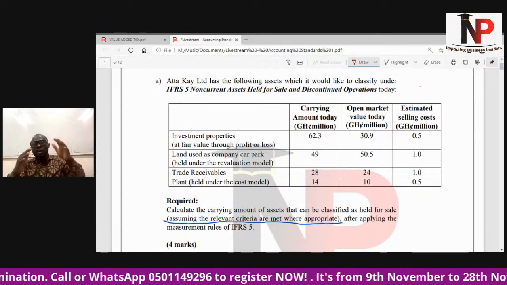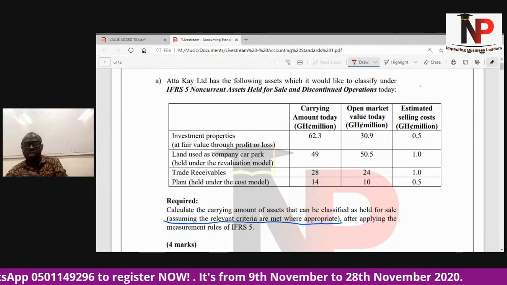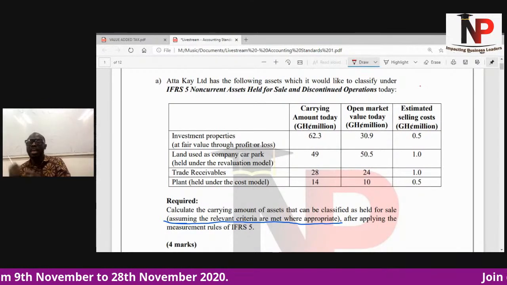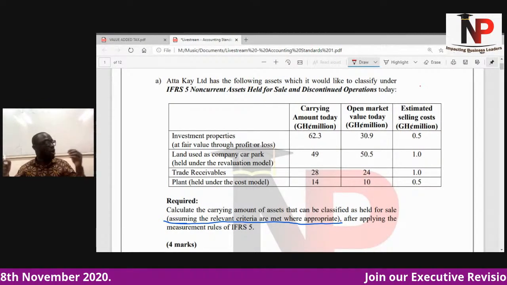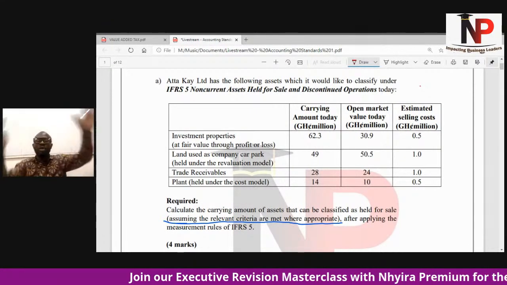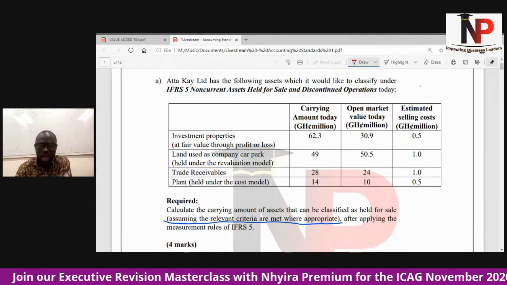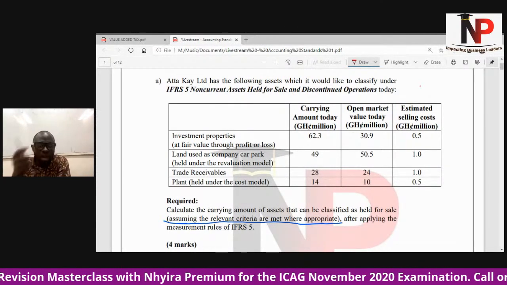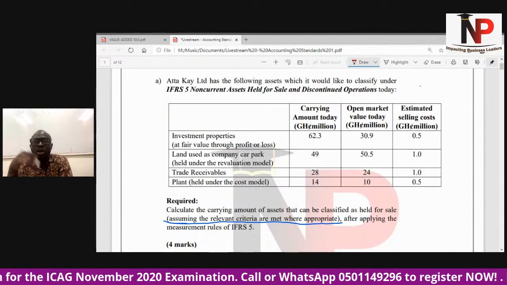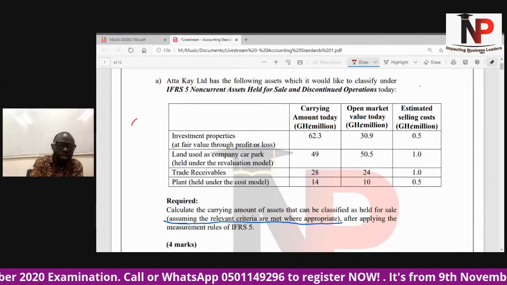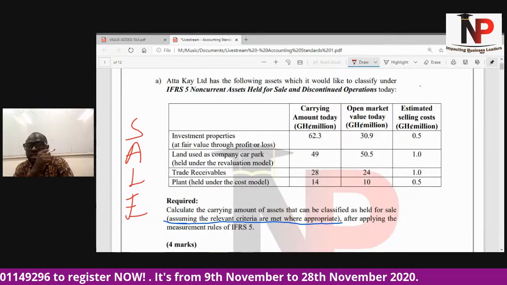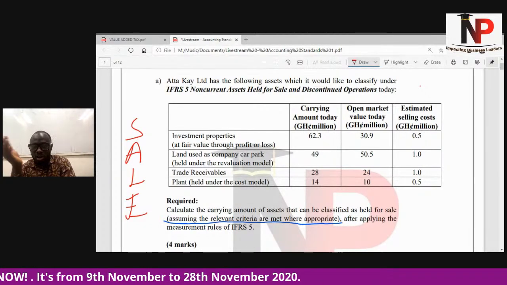So now the asset that is being accounted for as a non-current asset in accordance with IAS 16, or as an investment property in accordance with IAS 40, will now be accounted for as held for sale. But before we can recognize an asset as held for sale, we have to meet the recognition requirement, which is the sale recognition requirement. So that is the recognition requirement for held for sale.